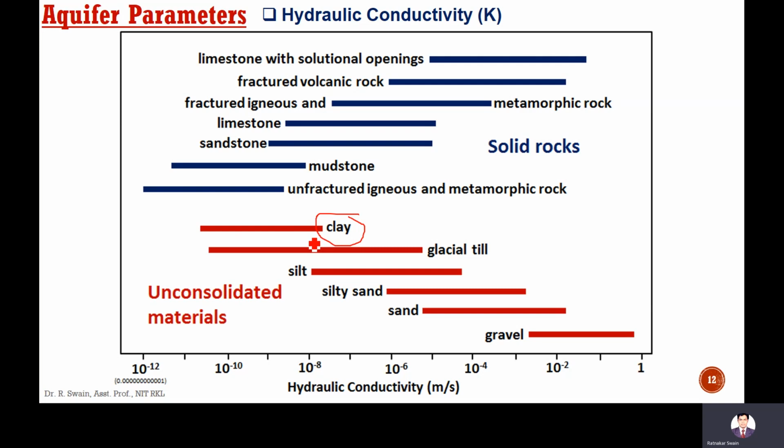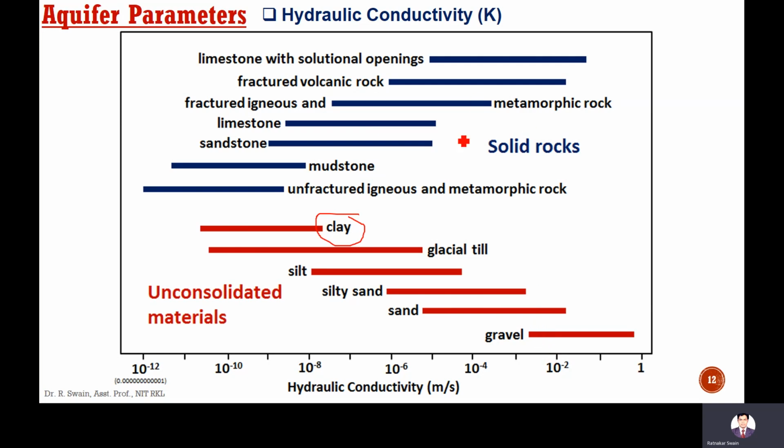Like we discussed in the last class, water yielding capacity is very low and water retaining capacity is very high. So permeability or hydraulic conductivity is very low. In sand and gravel, hydraulic conductivity is very high, although the porosity is less.